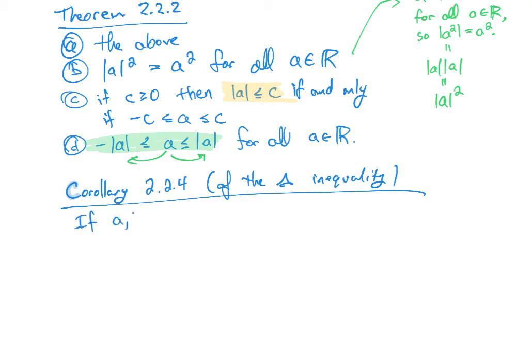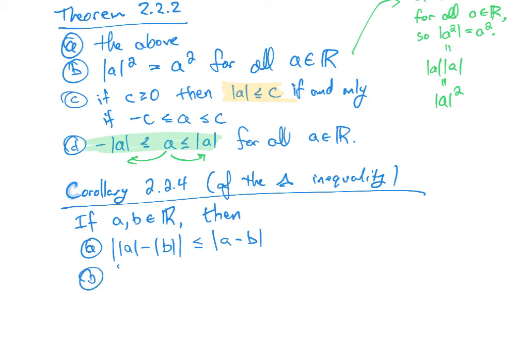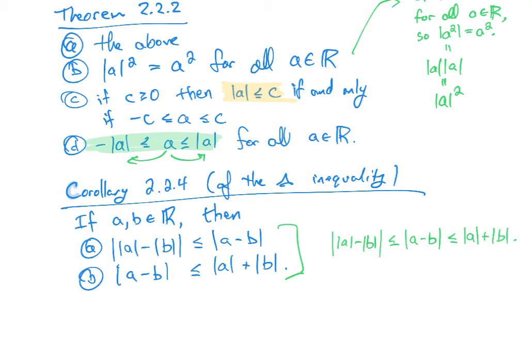It says that if A and B are real numbers, then the absolute value of absolute value A minus absolute value B is at most the absolute value of A minus B. And part C says the absolute value of A minus B is at most the absolute value of A plus the absolute value of B. Another way this is commonly written: one of these is a lower bound on the absolute value of the difference, and the other is the upper bound.